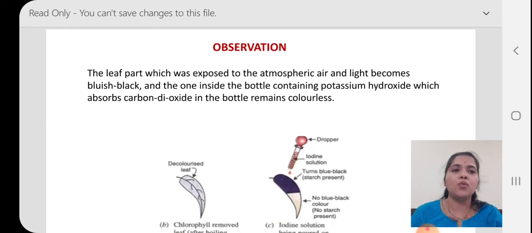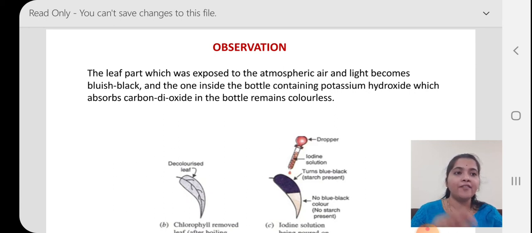Observation. After that, what do we observe? When we do the iodine test, we observe that the leaf part which was exposed to the atmospheric air and light becomes bluish black, and the one inside the bottle containing potassium hydroxide, which absorbs carbon dioxide in the bottle, remains colorless.